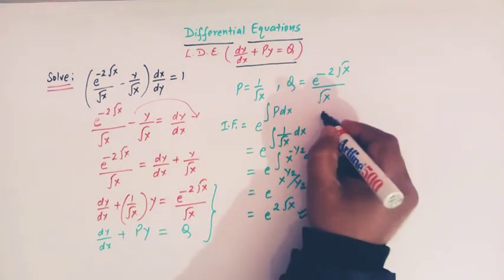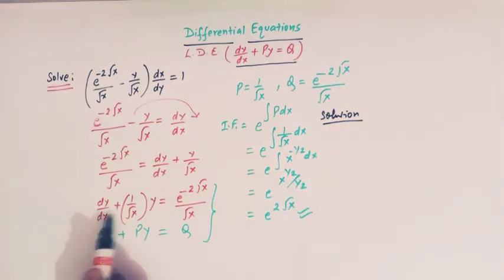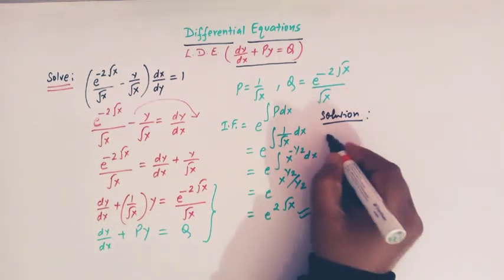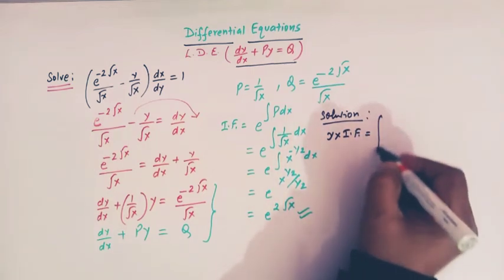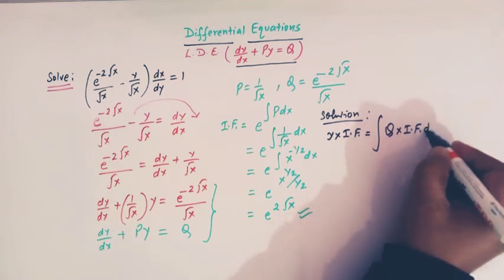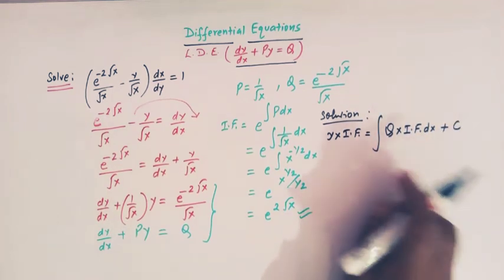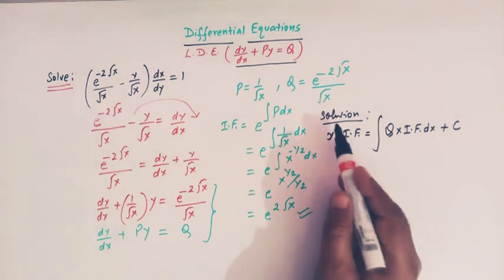So this is the integrating factor of the given differential equation, right? Now the solution of this equation is given by y times integrating factor is equal to integral of q times integrating factor dx plus c. So this is the standard form of the solution.